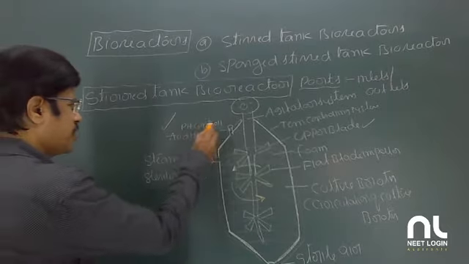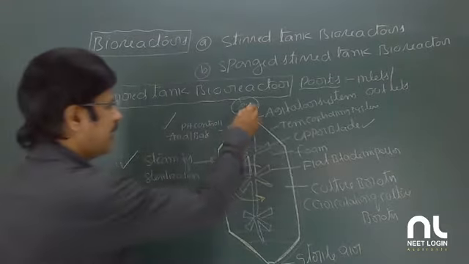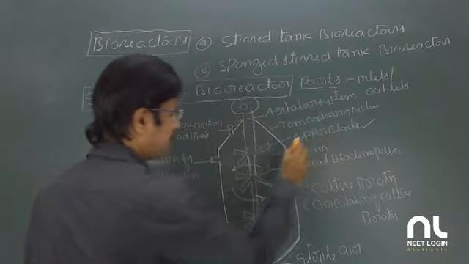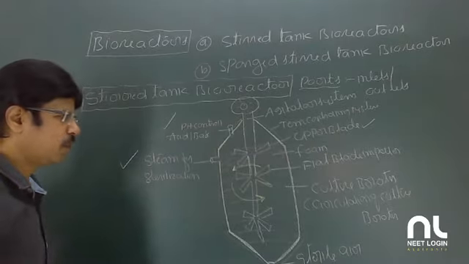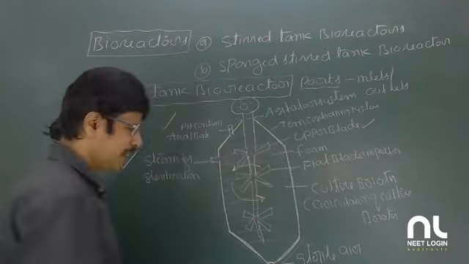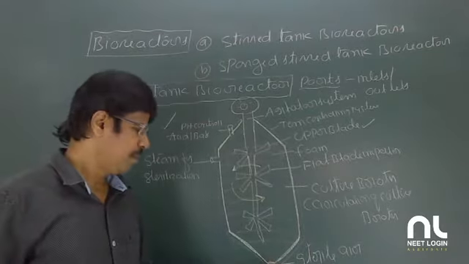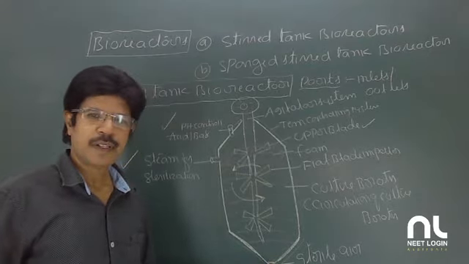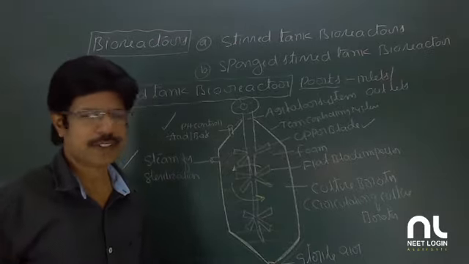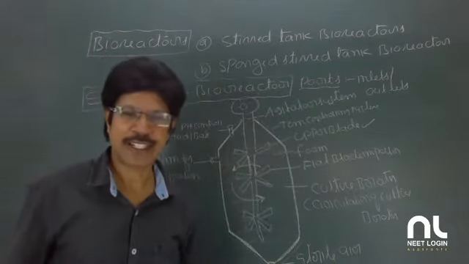So pH control for acid and bases, steam for sterilization. This agitator system has a stirrer with upper blades for breaking the foam and a flat blade impeller for circulation of the culture broth. Sterile air is passed through this ring-like structure in the stirred tank bioreactor.